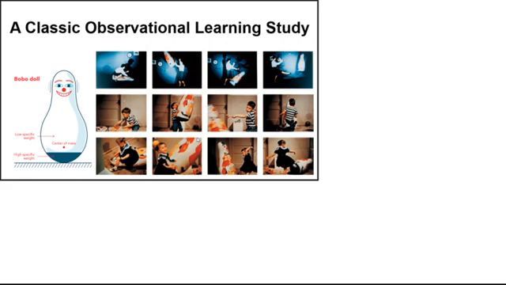So they used these Bobo dolls that were sort of impossible to tip over and terrifyingly painted to look like clowns. And they were having sort of a model, which would be an adult, interacting with the doll. And they'd have observers, so children, who would watch the adults interact with the doll. And of course, we care about aggression.